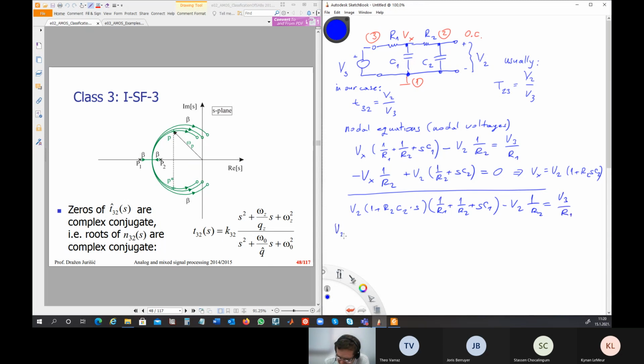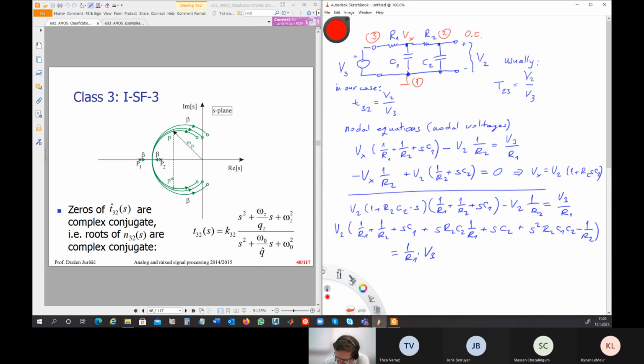Now we can multiply it out: 1 over R1 plus 1 over R2 plus SC1 plus S R2 C2 over R1 plus S C2 plus S squared R2 C1 C2, minus 1 over R2, is equal to 1 over R1 times V3.